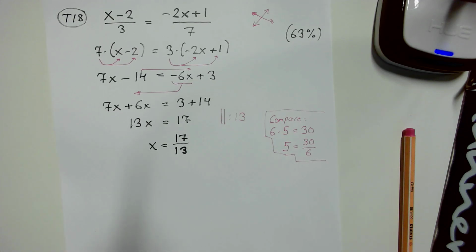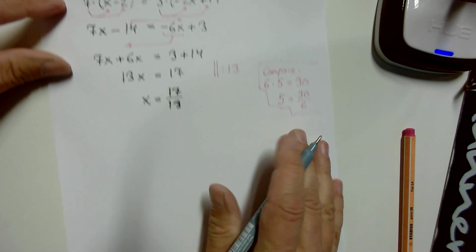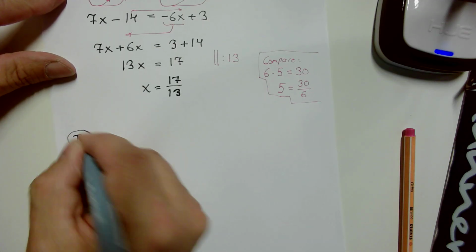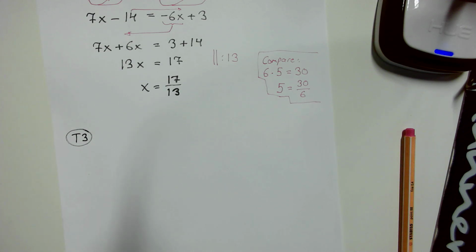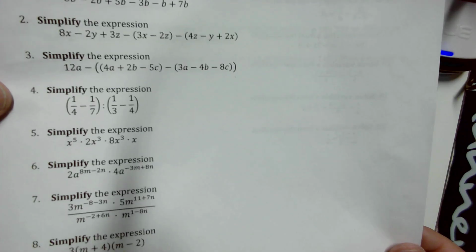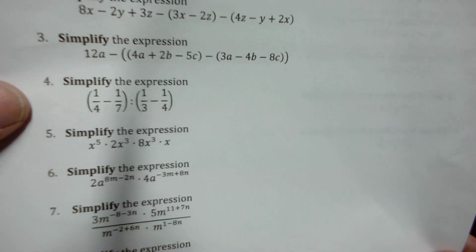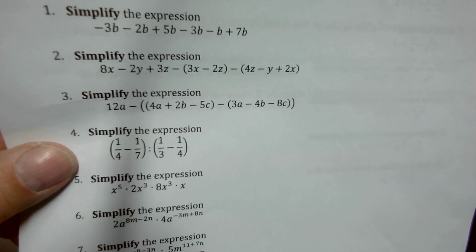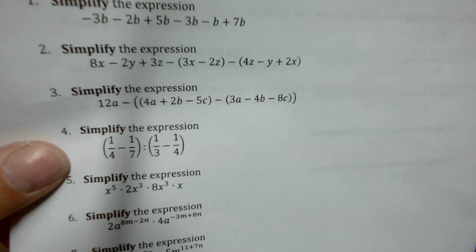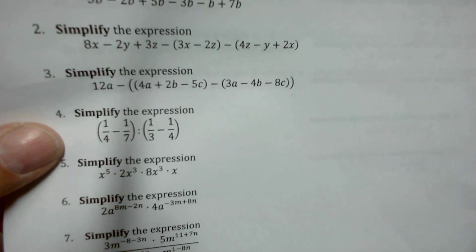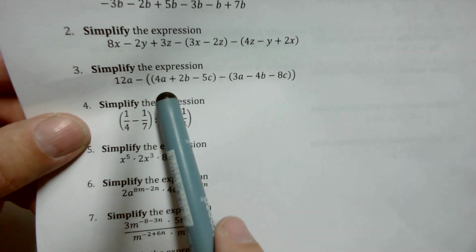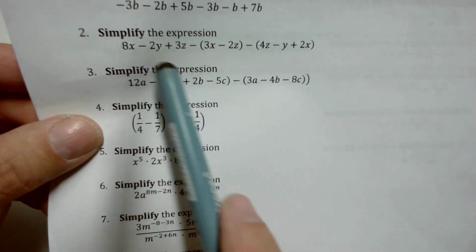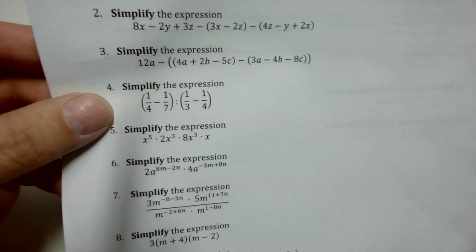That was 18. And then we turn to number 3. This is only a simplifying process. It is almost the same as in problem 2, but the new thing in this problem is that there are brackets inside of brackets, nothing else.